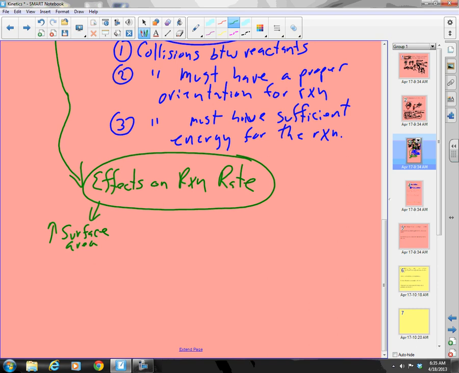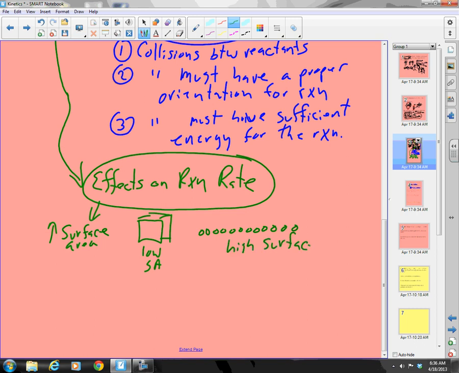Increasing surface area, that means I want to have more of the surface, more of my molecules exposed to the other reactants. An idea is something like a block that has low surface area, whereas powder, if I pulverize something, that has high surface area.